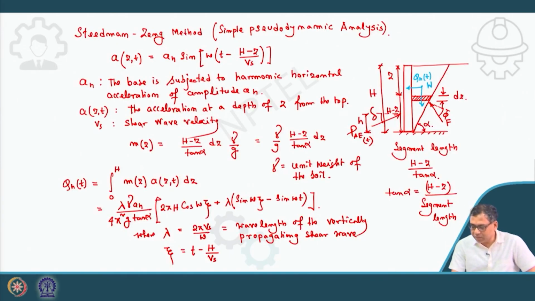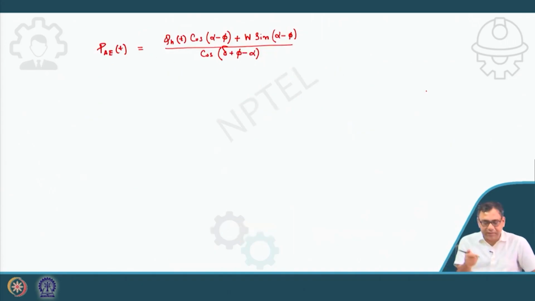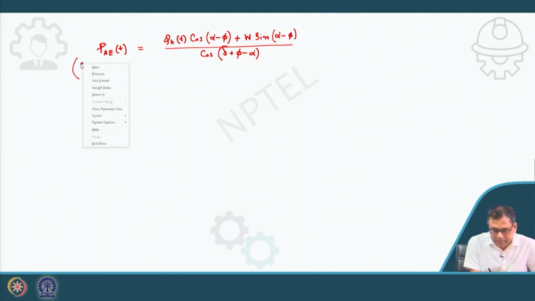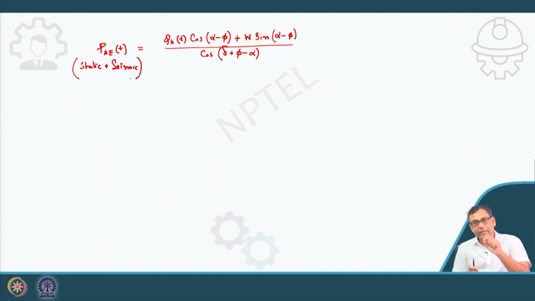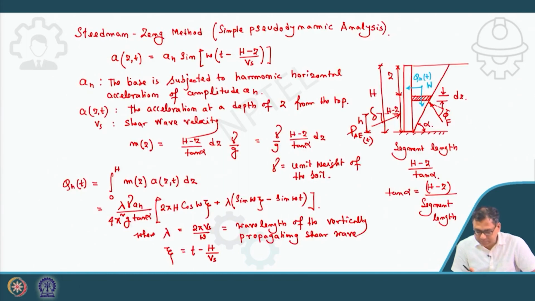What are the forces on the wedge? These are the forces on the wedge. By resolving them, we get PAE, which is static plus seismic. But here there is a time dependent term, because QT is a function of t, as you can see.